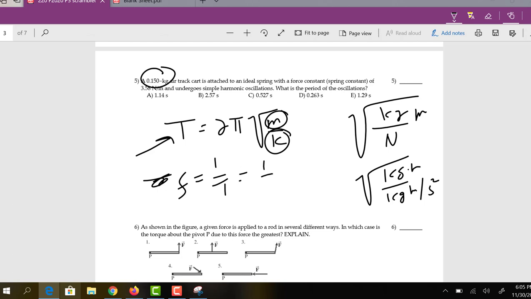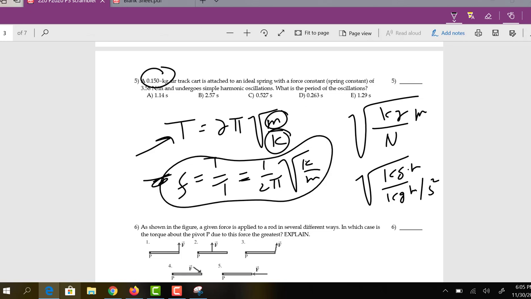So if I want to write it like this, I could do 1 over 2 pi square root of k over m. Okay? Again, the power of knowing it's simple harmonic motion is that it becomes a pretty easy formula to work with, right? It's very specific too. It's a simple harmonic problem. This is what we have for simple harmonic motion.